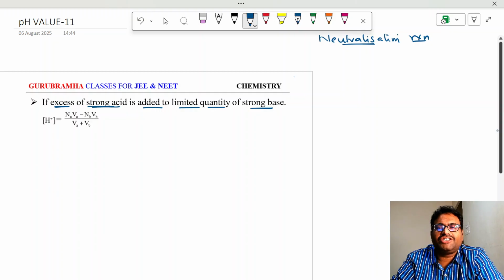What is neutralization reaction? Acid reacting with base to give salt and water, according to Arrhenius. For example, HCl reacts with NaOH to give you NaCl plus H2O.